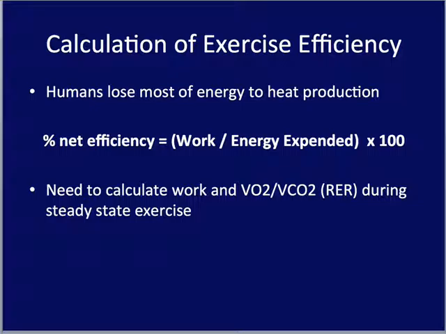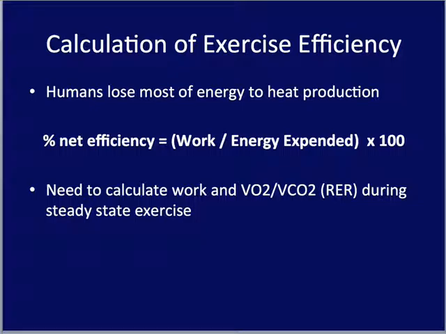Now, the book also talked about percent net efficiency. Like I said before, humans lose most of the energy to heat production. Only about 40% of what we generate is going to be used for actual work and power output. Most of it is going to be for heat production.